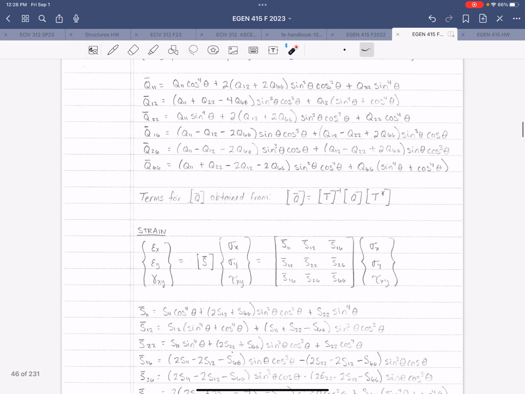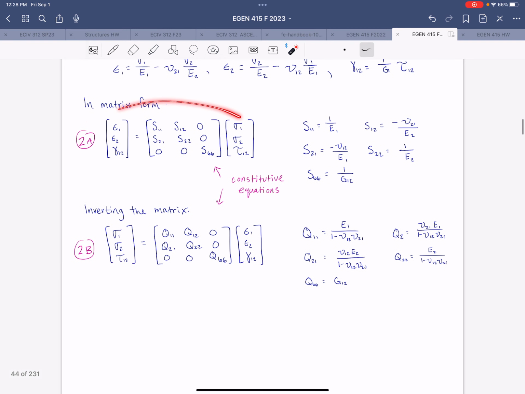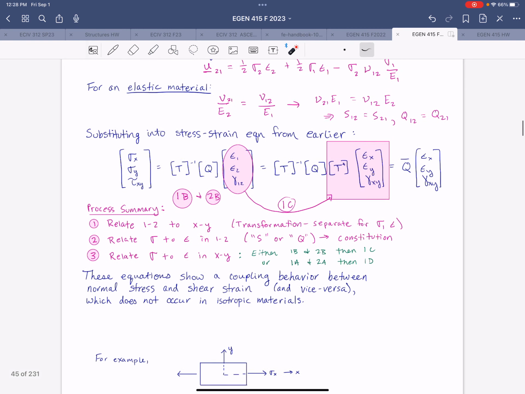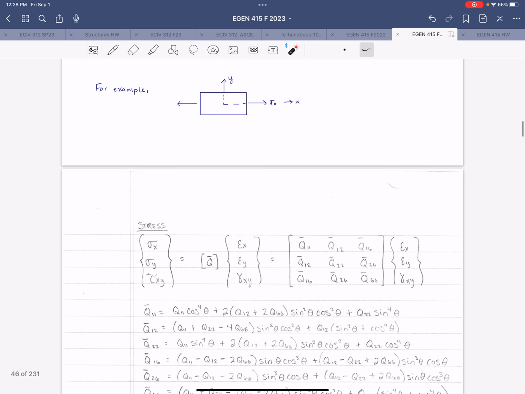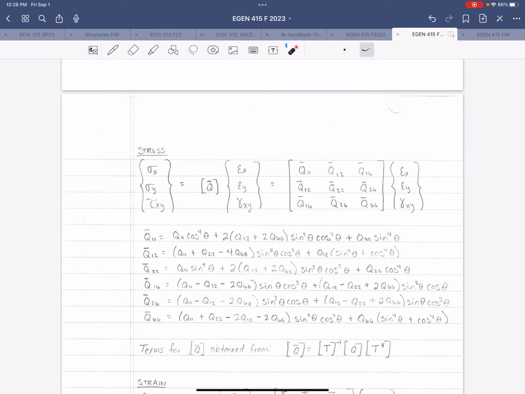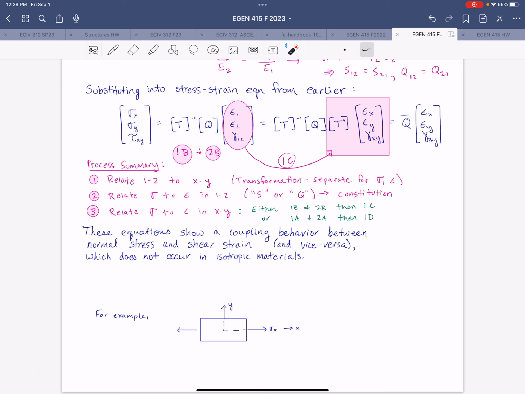Up here we don't see that coupling, but by the time we get through the coordinate transformation and applying the constitutive equations, we have these non-zero terms relating the normal to the shear and vice versa. That's something that's unique to orthotropic materials. What it means is that an applied normal stress will cause a shear strain and vice versa.